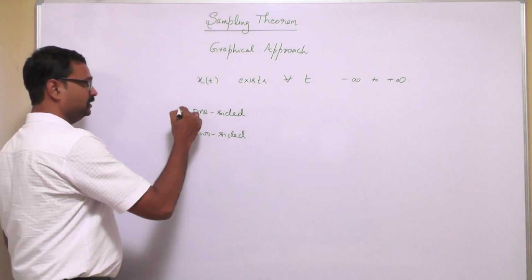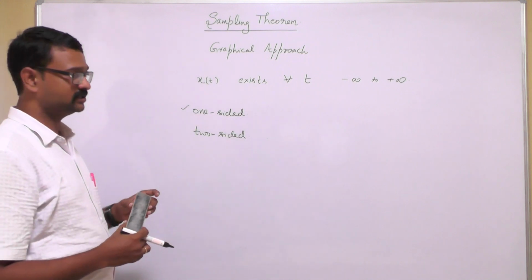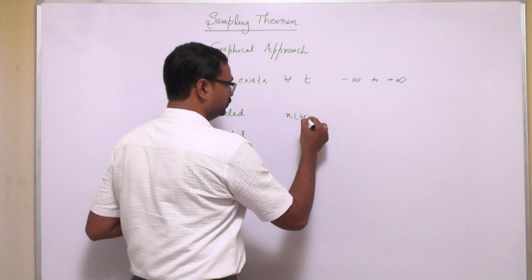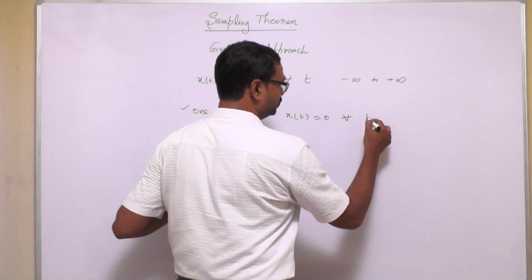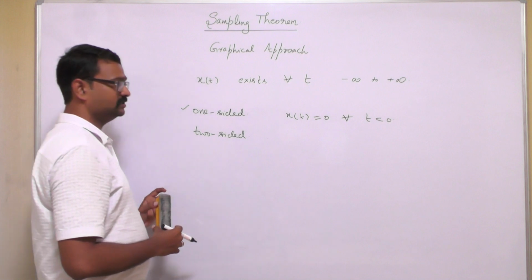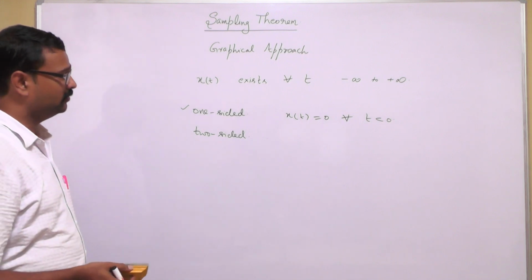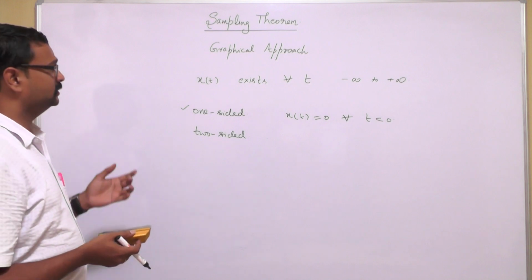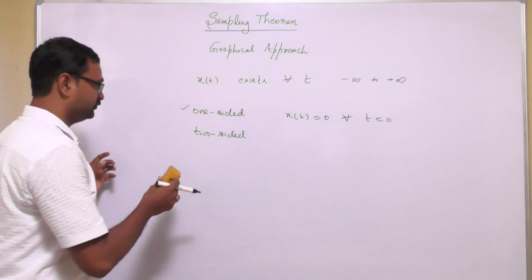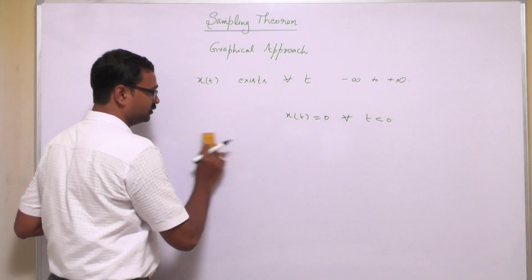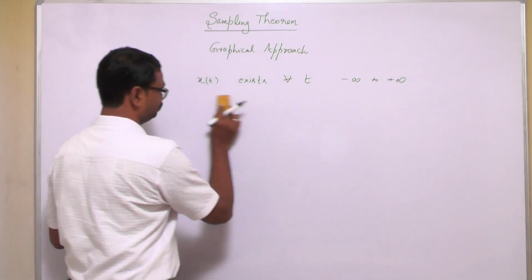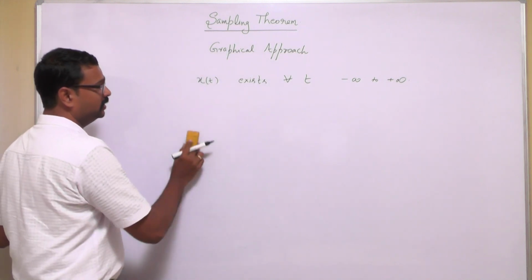That is, any function x of t is equal to 0 for all time t less than 0. But for sampling theorem, we are trying to apply it to a function which exists for all time t from minus infinity to infinity.